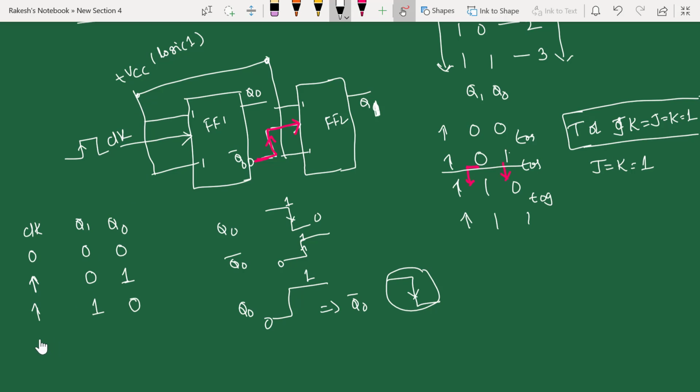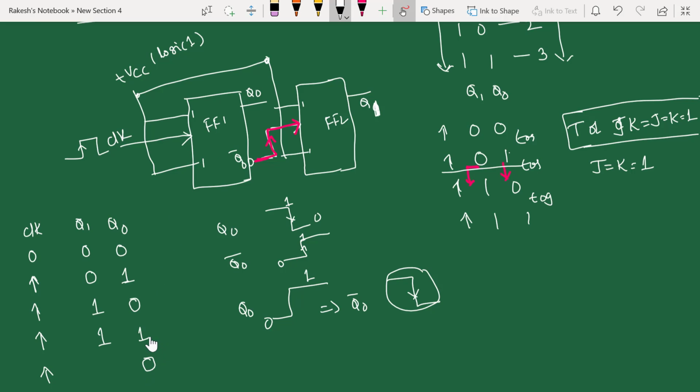Now the next clock pulse, your Q0 becomes 1. Whenever it goes from 0 to 1, your Q0 bar will move from 1 to 0. When it moves from 1 to 0, flip-flop 2 will not be active, so it will stay in the same state.